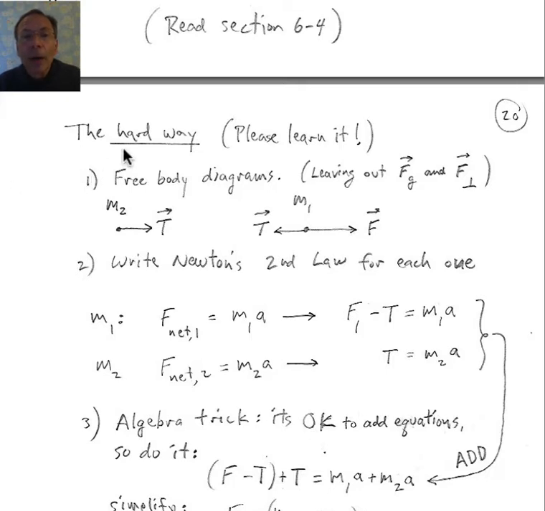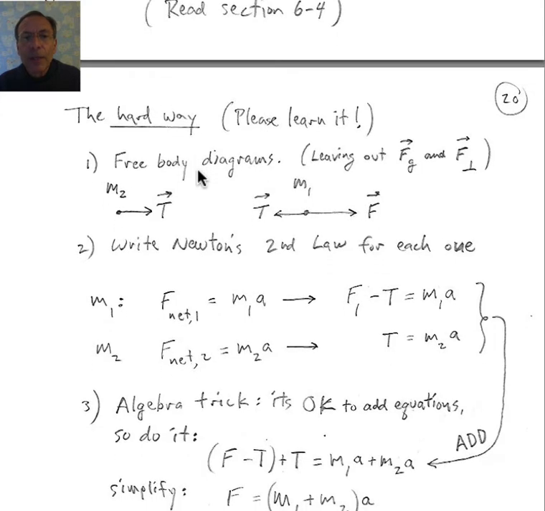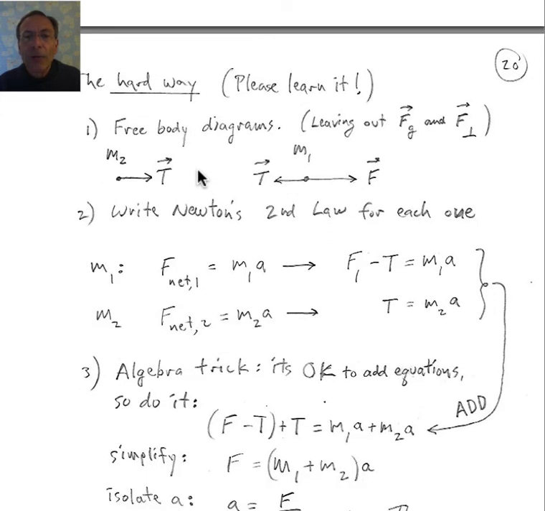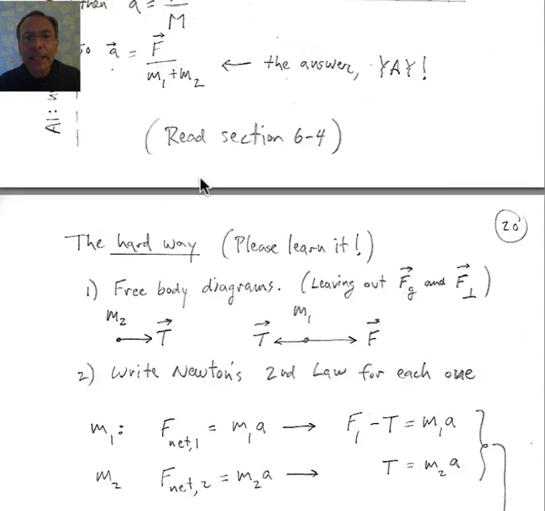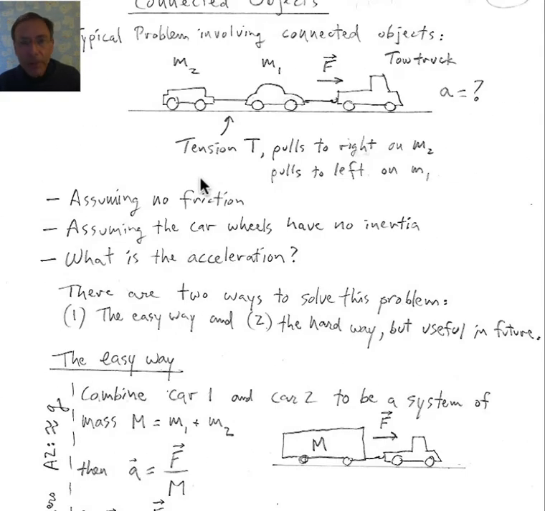So here we go, the hard way. The first step is going to be to draw free body diagrams. Now, the tension here, T, is the pull of the rope. So right here, the tension T is pulling to the left on mass 1, and the tension T is pulling to the right on mass 2.